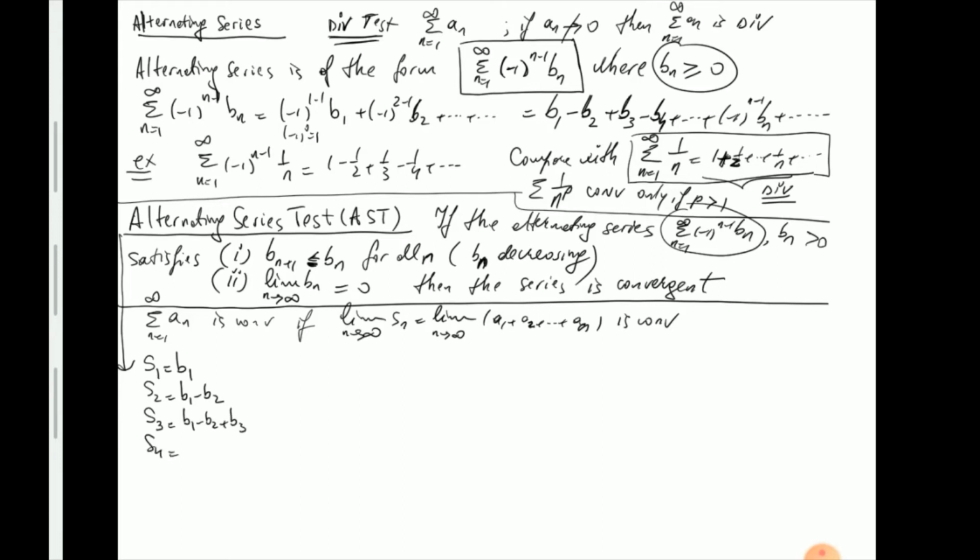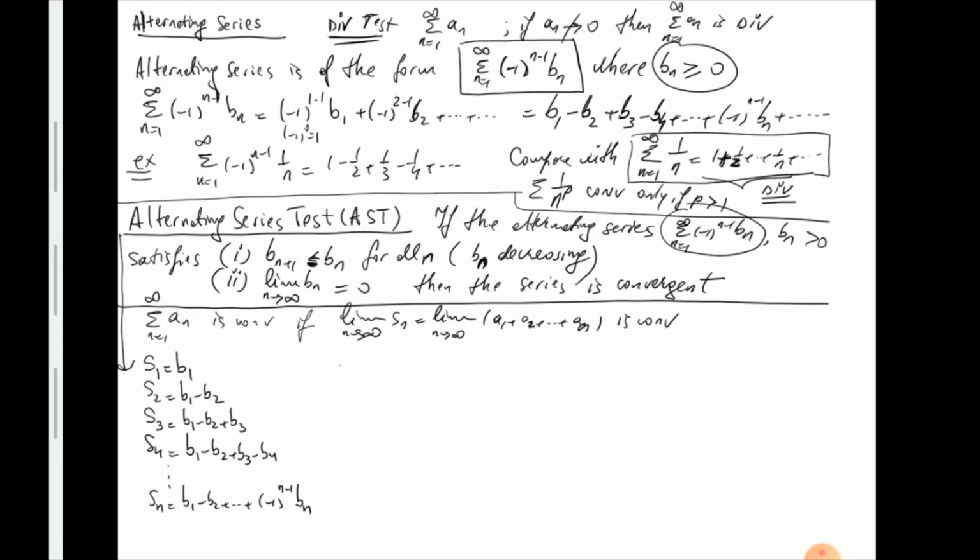And so on, all the way up to the generic one, up to (-1)^(n-1) bn. I want to illustrate why it's key that this sequence made of the bn's is decreasing.